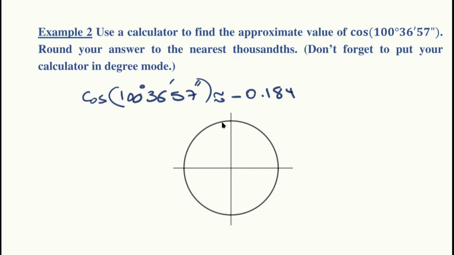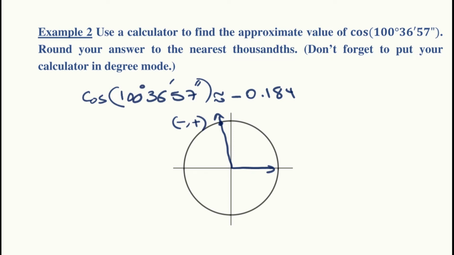So if we draw the angle in this manner, we'll be looking at an angle whose terminal side has a point on it with coordinates that are negative for the x and positive for the y, right?